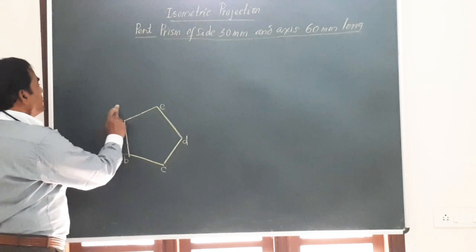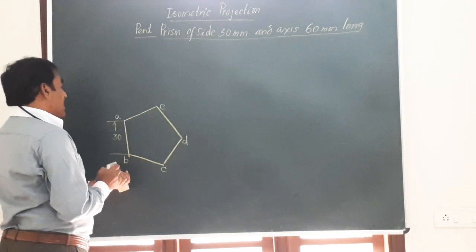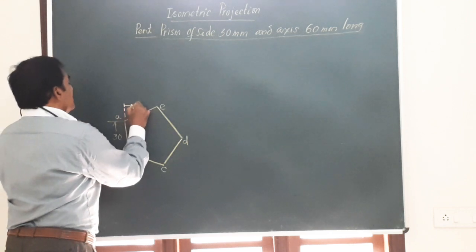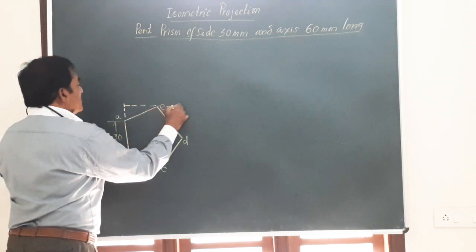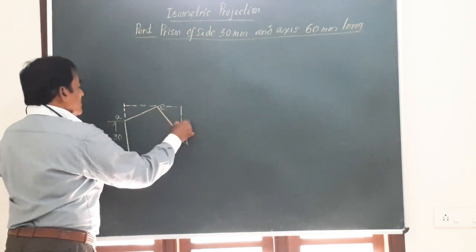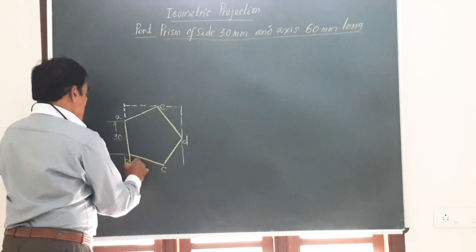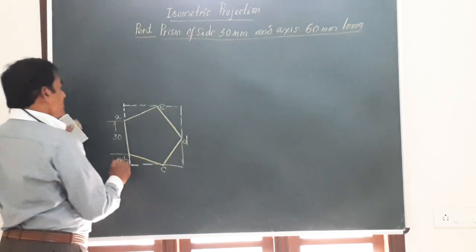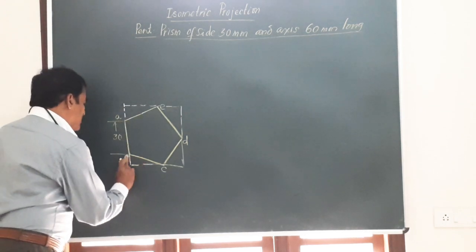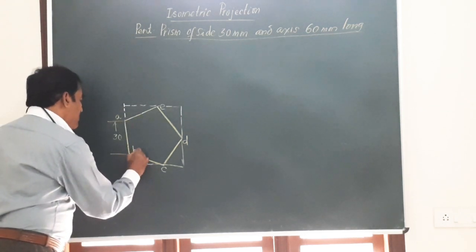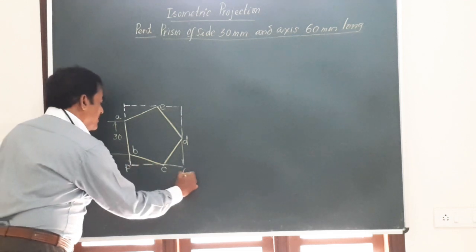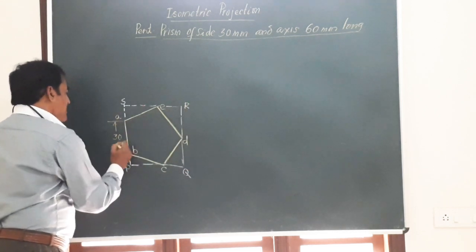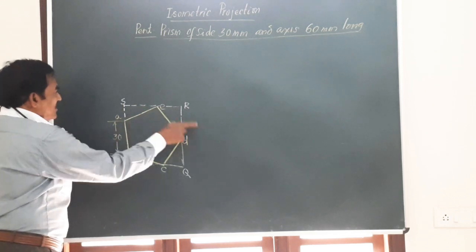Now let me enclose this figure in a box, a rectangular box, PQRS. Friends, you remember here, this box is PQRS, P, Q, R and S. And here every side measures 30 mm.